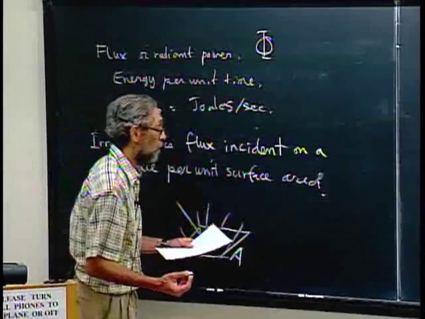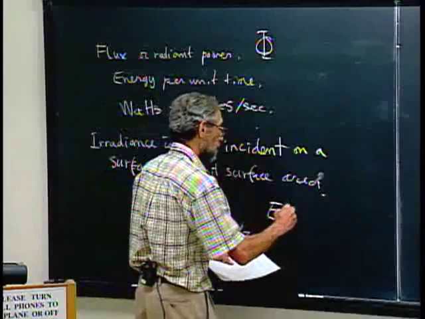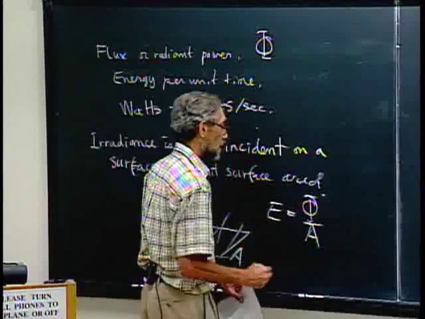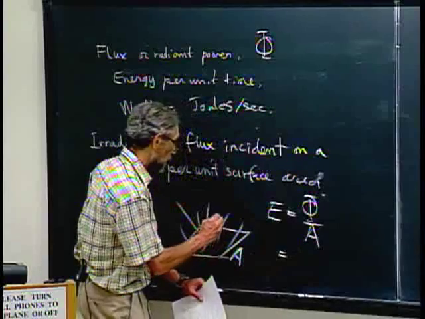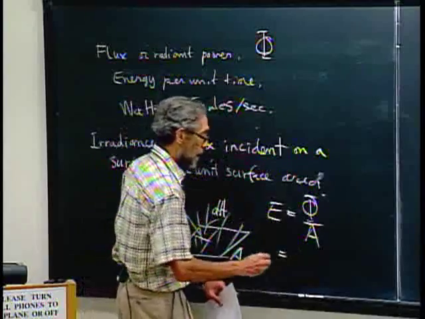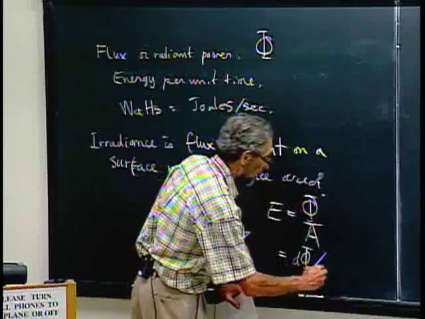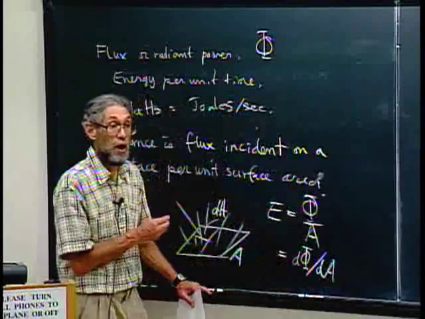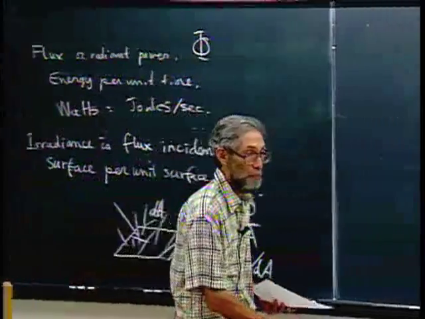And the notation for irradiance is E, and that's the flux that hits the surface over the area that hits the surface, or sometimes you talk about a little infinitesimal area, dA, and then you would say it's the infinitesimal amount of flux for that infinitesimal area A. So you could write it either way, depending on how big you think the area is.